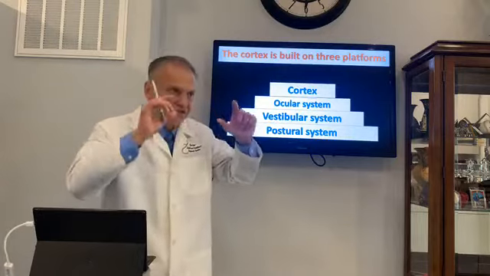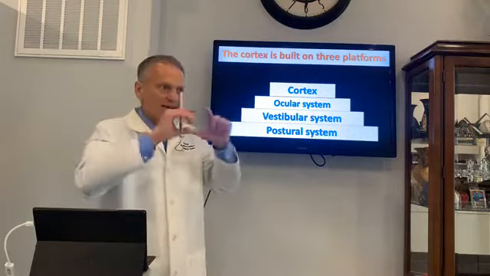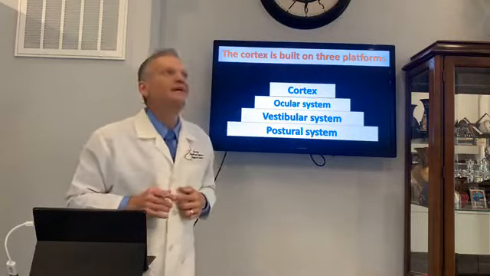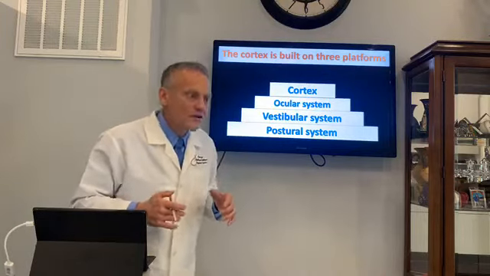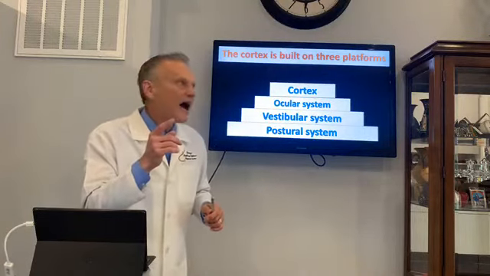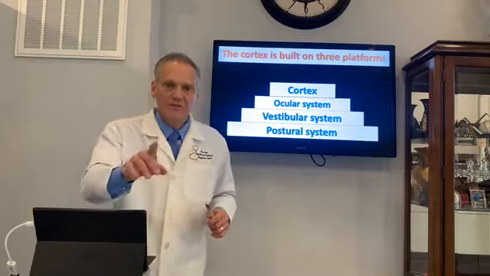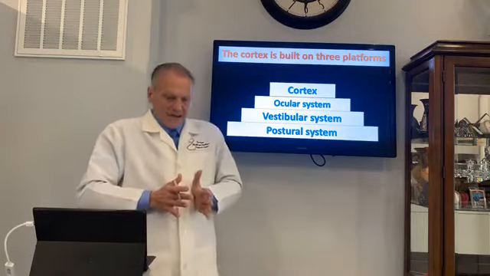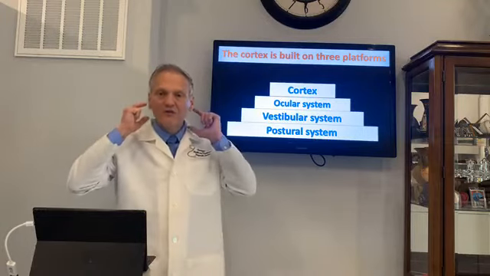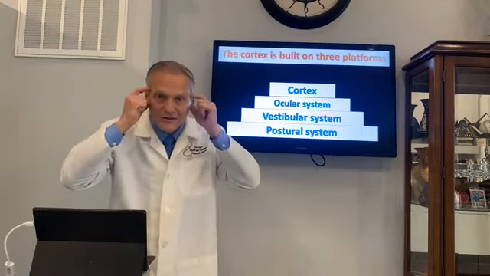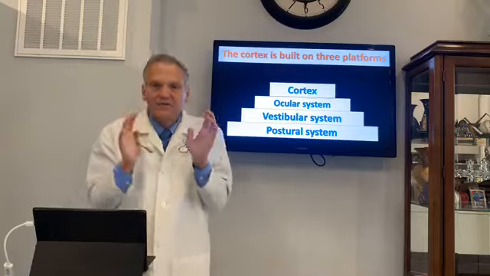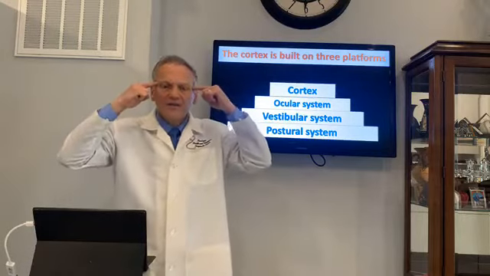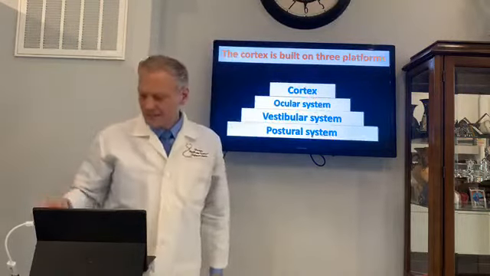Now, the brain has to know where they're at, so you start building that center that helps you know where you're at. Now, once you know where you're at, now you have to move your eyes to see where you're going. Remember, the purpose of the brain is for movement. So first, we begin the movement, then the brain knows where we're at, then the eyes can look and see where we're going, and once we build those eye movements, then the cortex develops.